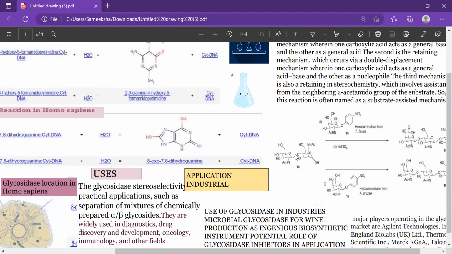With non-activated free acceptor sugars, the reaction conditions are generally performed in low water activity systems, such as aqueous organic media, or with high concentration and excess of donor alcohol. So these are efficient donors.